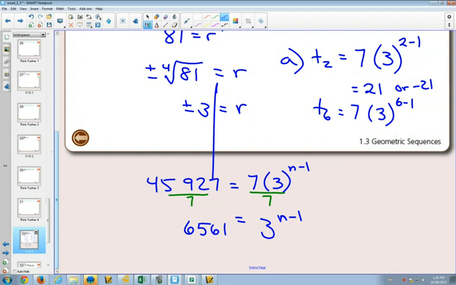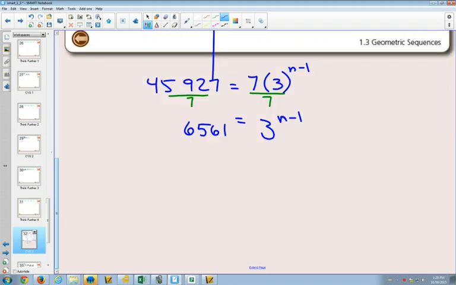You don't know how to solve for exponents algebraically yet. It's something you're going to learn in grade 12 using logarithms, but we're not going to do that right now. Because we know that n has to be a nice number. If this is going to work, this side has to equal 3 to the something.